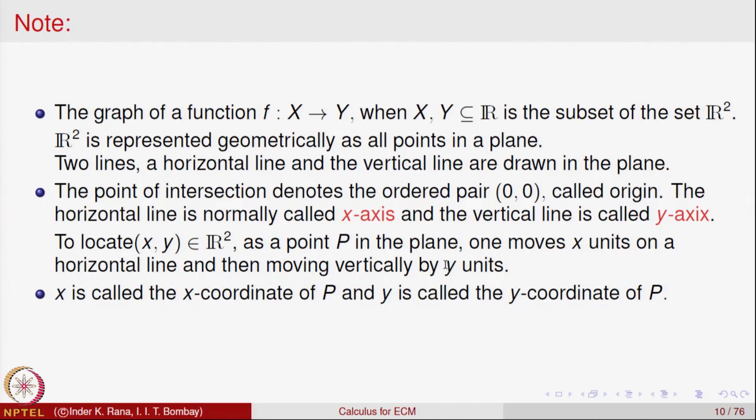That means on the x axis you move x units, on the y axis you move y units, and you locate a point. That is the point associated with the ordered pair (x, y). The units you move along the x axis are called the x coordinate and the other one is called the y coordinate. One writes it as P(x, y).